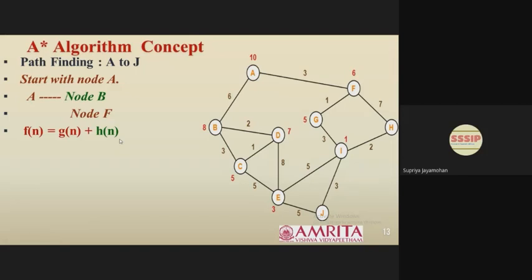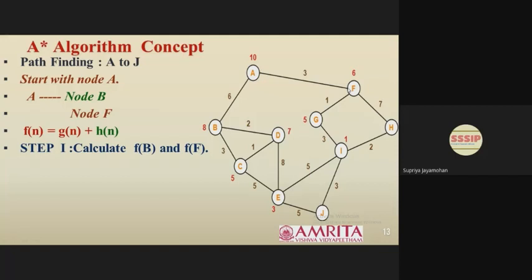To apply this expression, we will start with what is going to be the values of g of n and h of n for these two nodes and see whichever is lower, A will move on to that particular node. So let us start with calculating the function of f of B, f of node B, and the function of node F. These are the two possibilities where node A can move from its starting position.